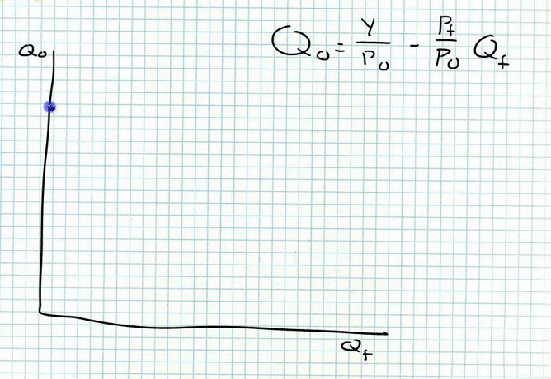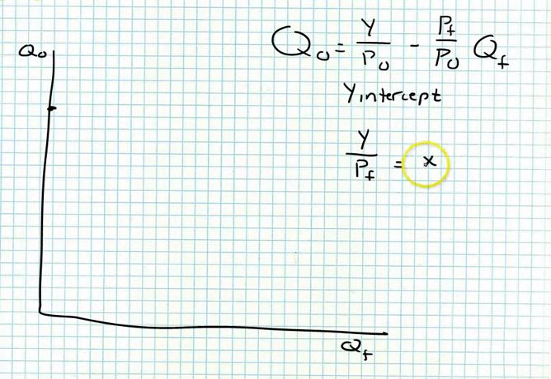We can plot a budget line knowing that y over PO is the y-intercept and income over the price of food is the x-intercept. Two points.